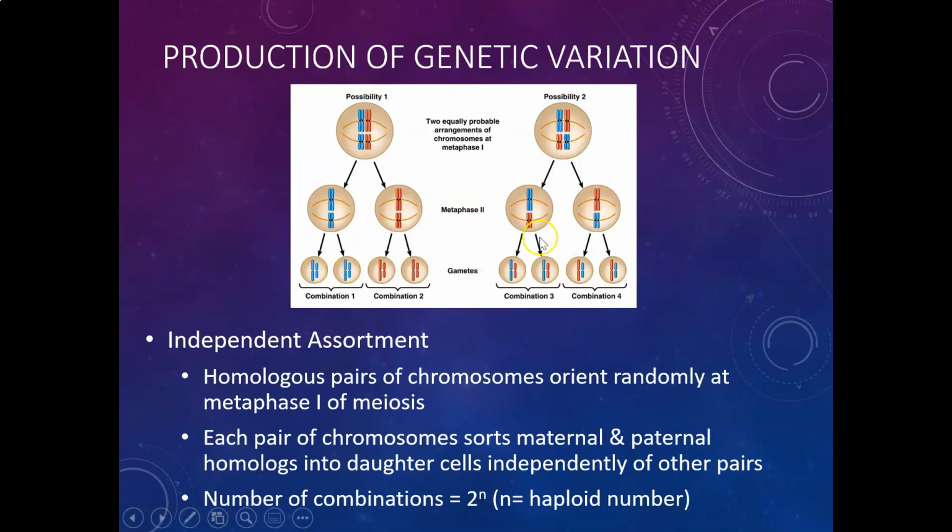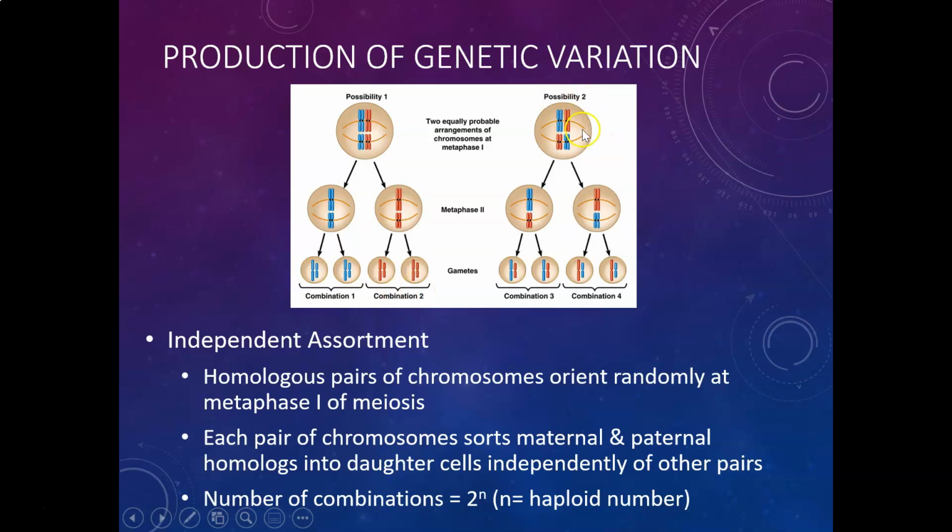So if I take a really simplistic example here and just look at a cell with two homologous pairs, I could have this possibility where all of that paternal information does in fact go in one direction, all of the maternal goes the other way. And so I end up with two different combinations there, all paternal or all maternal.